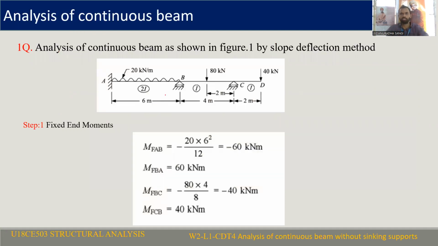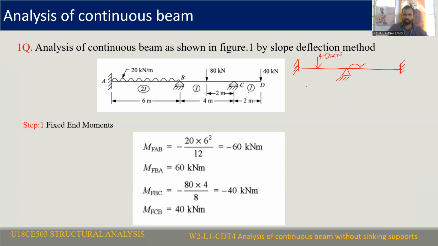Now we'll see one problem related to this: analysis of continuous beam with one overhang. In the previous class, we discussed the analysis of continuous beam with the two extreme ends fixed. That problem we discussed in the previous CDT, that is CDT3.